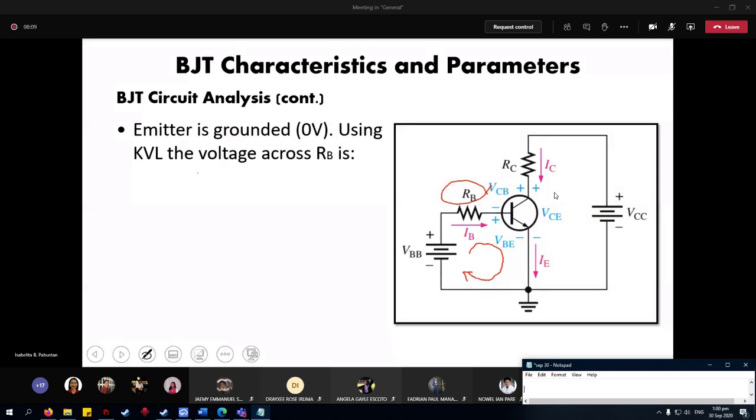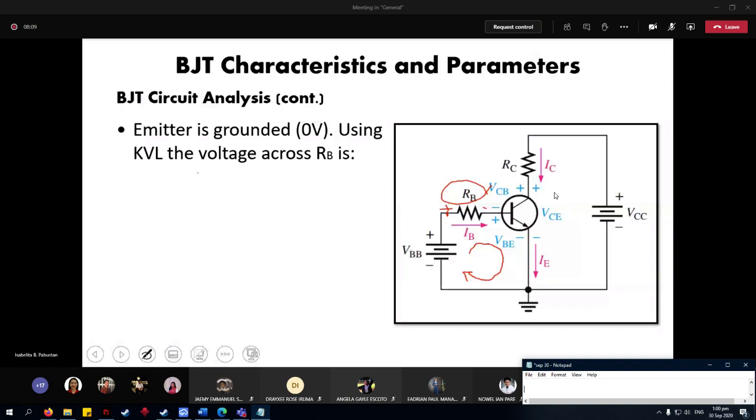So therefore, the voltage across RB, the VBB near the RB is positive, the VBB is a voltage which is larger than 0.7. So therefore, the polarity here will be plus of the voltage, not the polarity, walang polarity ang resistor, okay? So, the polarity of the voltage across the resistor is like that, ano? Sorry.